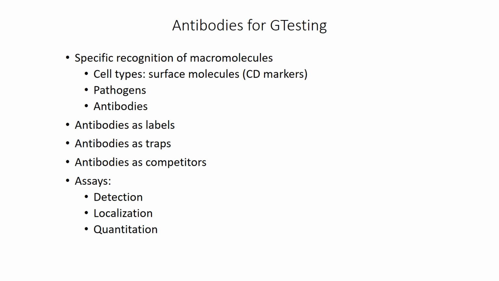Similarly, as we discussed in the previous class about vaccines, pathogens have their own epitopes, and these are used as vaccines. They are used to identify or recognize, and even antibodies have their own receptors and markers.